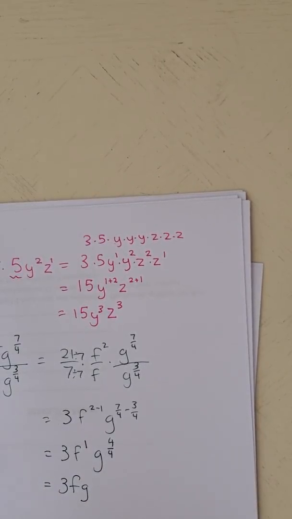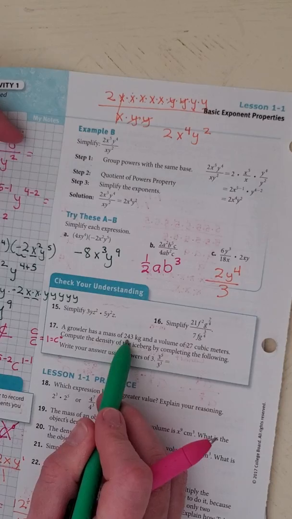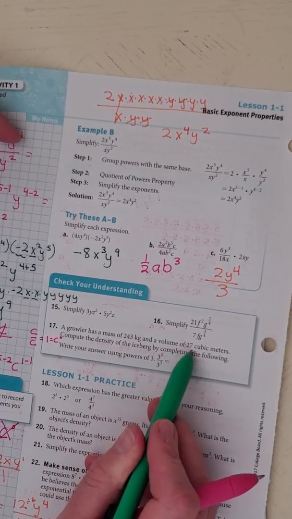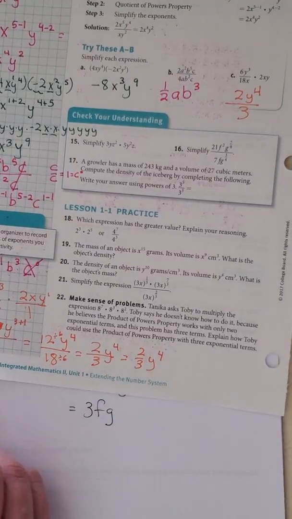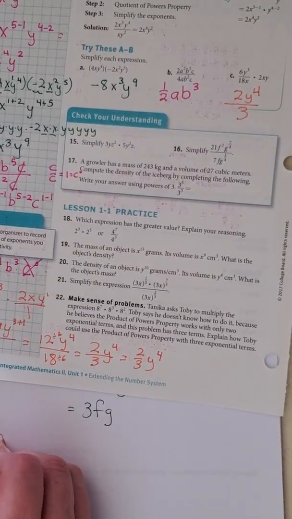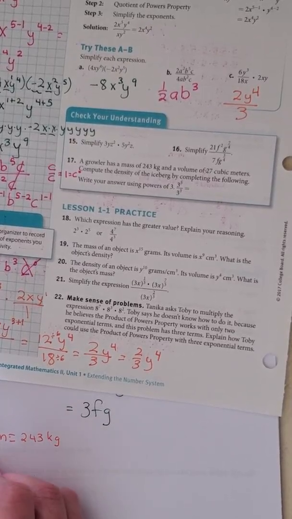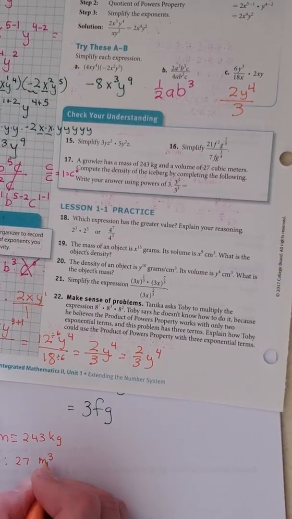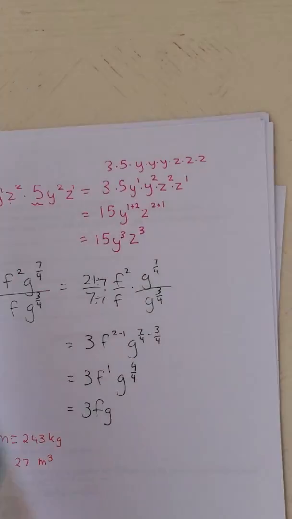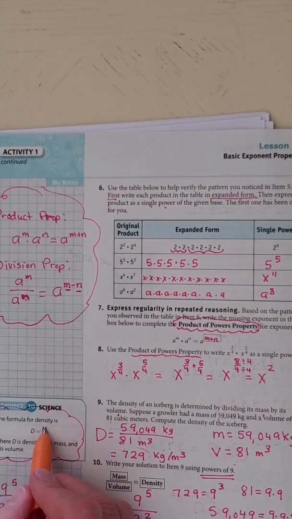Okay, and finally, they have a word problem. It says a growler has a mass of 243 kilograms and a volume of 27 cubic meters. I'm going to go back and look at that formula once more. Right. Density equals mass over volume.